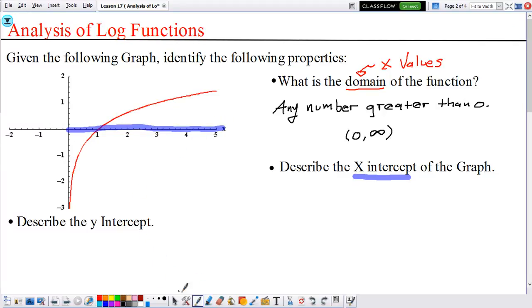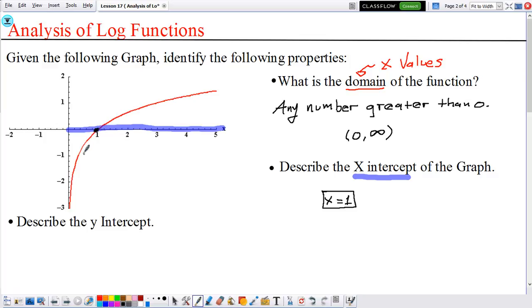Where is my graph touching the x-axis? Right about here. So what is the x-intercept? The x-intercept of the graph is when x is equal to 1. It's basically asking, when is your graph touching the x-axis? Well, it's right here, and the x value is equal to 1.